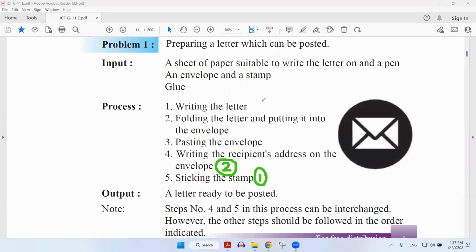Then they can do these things. You can go with writing the letter. Next, you can fold it and put it into the envelope. And here you can paste the envelope, right? So the same output will be generated, a letter ready to be posted, if we go in this particular manner as well.